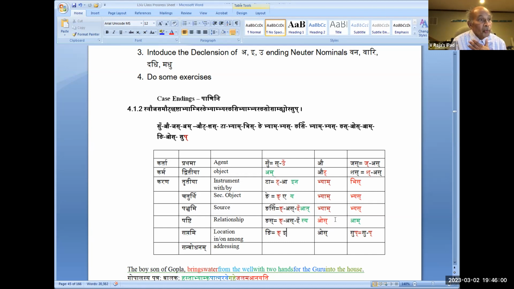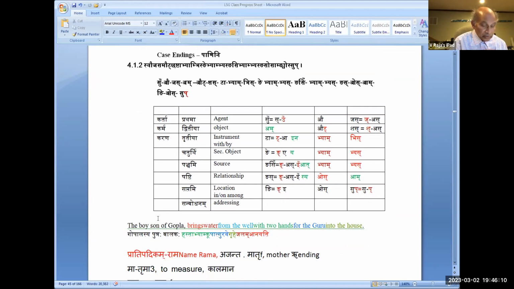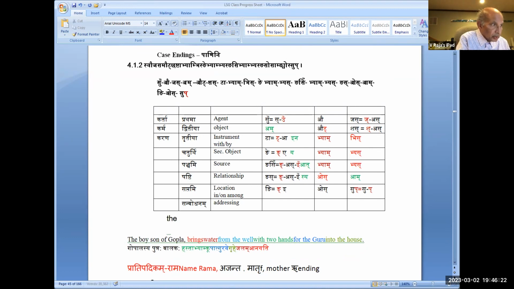The reason we don't use karta in Sanskrit is, and I think I explained many times, if you take a sentence, the boy, sorry, if I write a sentence, the boy reads a book, and we translate that, you mean, here reads is a verb.